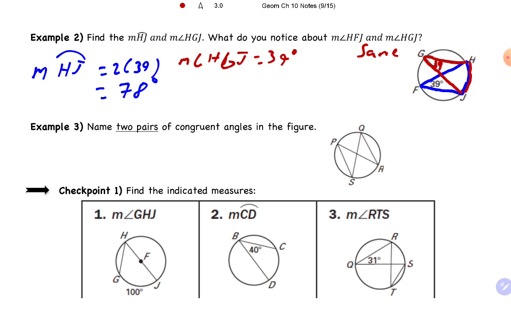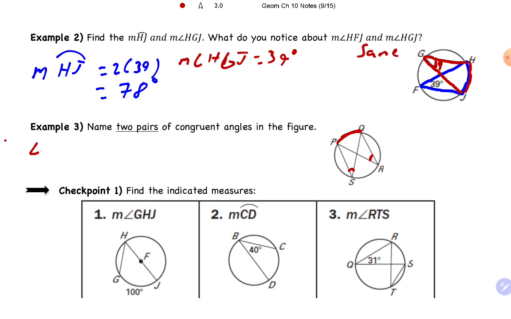Example 3. Name two pairs of congruent angles in the figure. So two pairs. One pair will be this one and this one, because they both share this arc here.